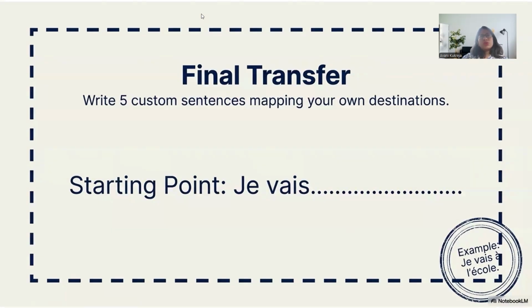You can use je, tu, any subject pronoun, in affirmation, negation, interrogation, whatever works. Quick. Je vais au marché. Nous allons à la maison. Okay, Preet.